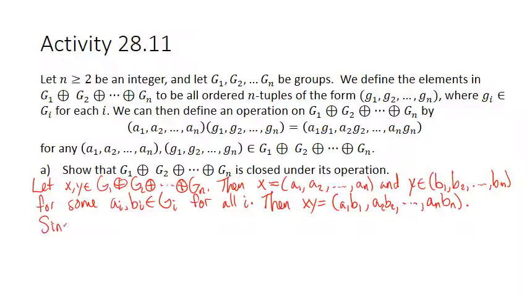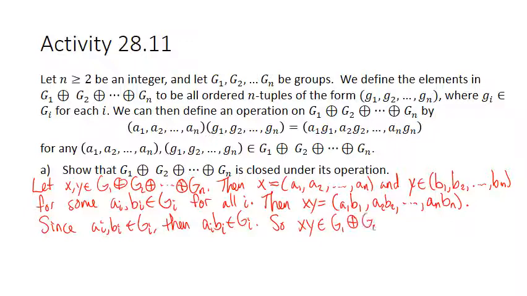Okay, so we could say that since ai, bi are in Gi, then ai times bi is also in Gi, because Gi is a group, so it's closed. So that means that xy is going to be in this external direct product of G1 through Gn. Okay, so it is closed.